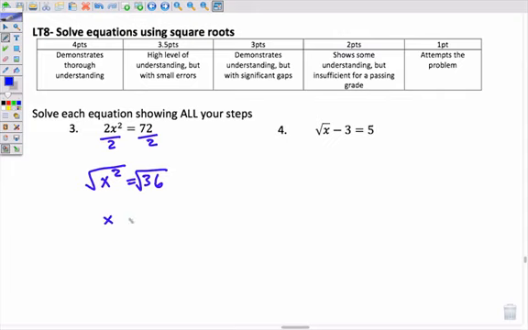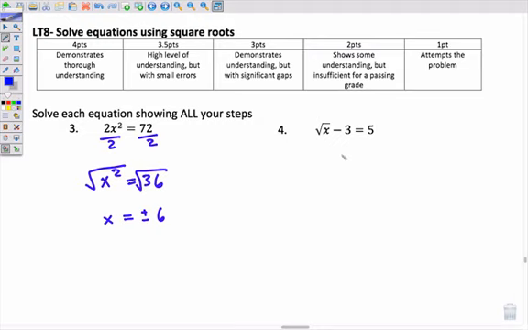That just leaves me with x on the left. And square root of 36 is plus or minus 6. You've got to have the plus or minus, because positive 6 times 6 is 36, and negative 6 times negative 6 is also 36. So that's why we get both answers. Okay.